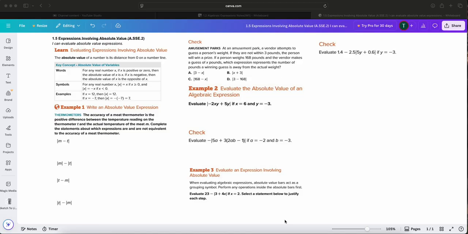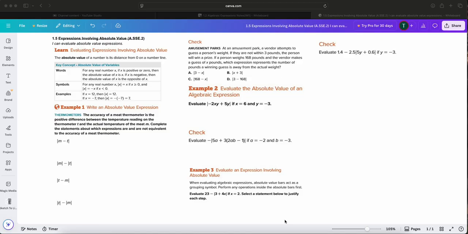But then I apply the absolute value, and the absolute value of negative 1 is 1. So no matter what your M and T are, you'll be getting a positive value. So M minus T in absolute value does work. It fits our criteria, so that one is going to be equivalent.